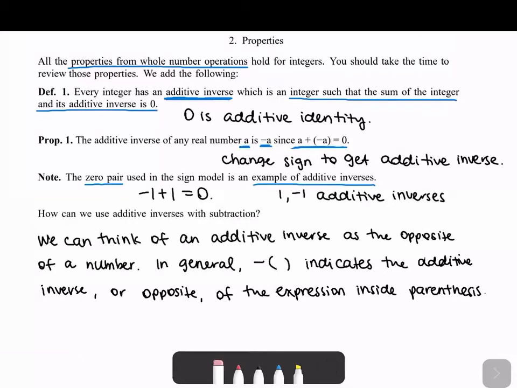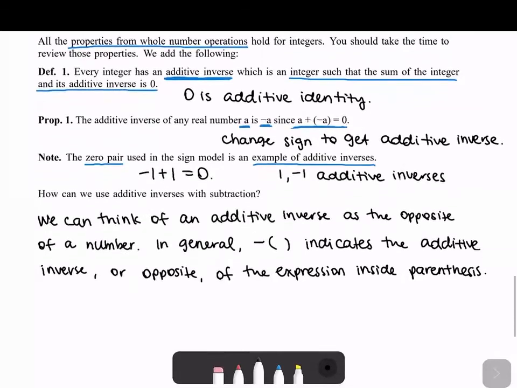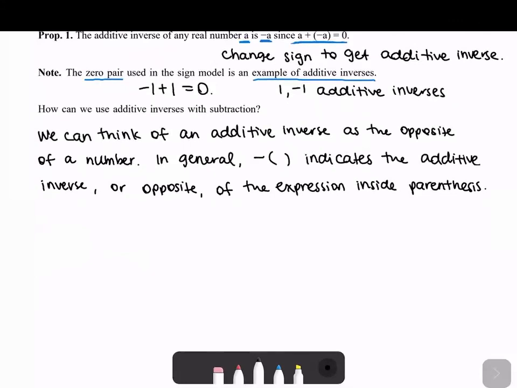So anytime we have a negative sign in front of a pair of parentheses, whatever's inside there, we're just thinking about the opposite of it. So in the expression 4 minus -3, we can think of minus -3 as just +3, right? Because the opposite of -3 is +3. We just change the sign.